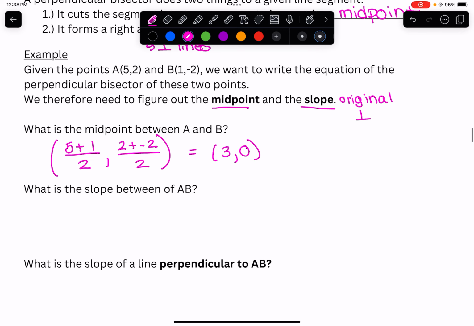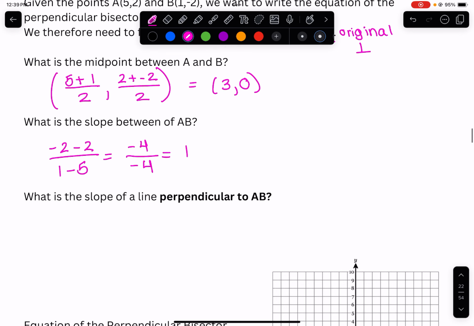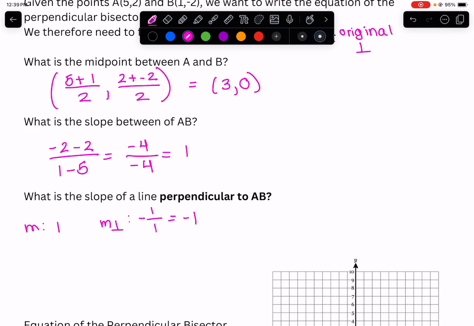And now we also want to look for the slope. So change in y's over change in x's. So the slope is 1. Now the slope that would be perpendicular to AB: 1 is our original slope. The slope of the perpendicular would be the reciprocal and the opposite sign, which simplifies to -1.